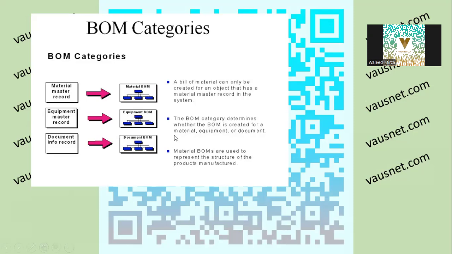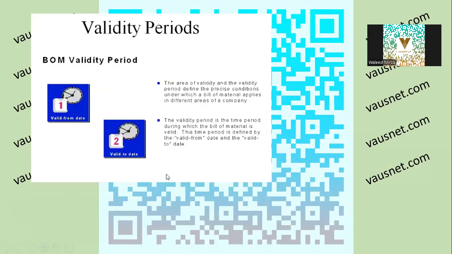For example, in the mining industry and the refining industry, the assembly is complex. So you have to make a documented info record, keep it in one place, and that becomes a document BOM. What is the validity? There is a validity for each BOM, because, for example, if you are creating a motorcycle for year 2024, it will not be valid for the year 2027, right? So there will be a validity.